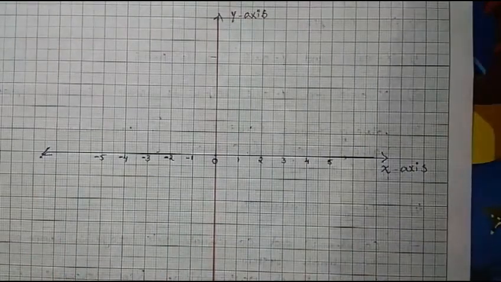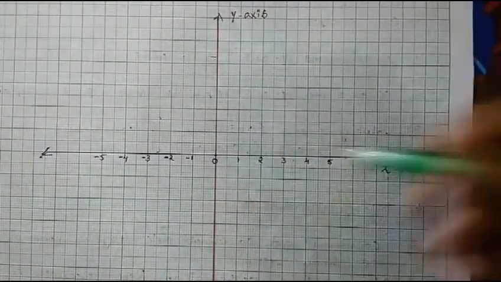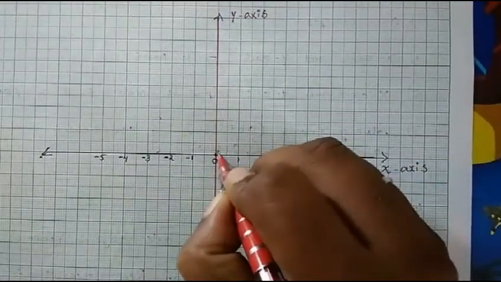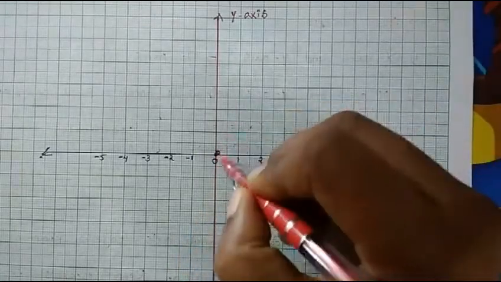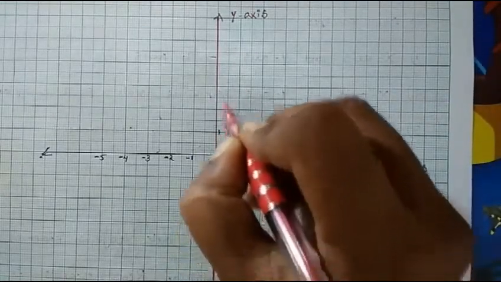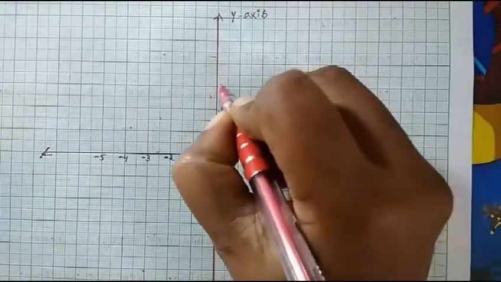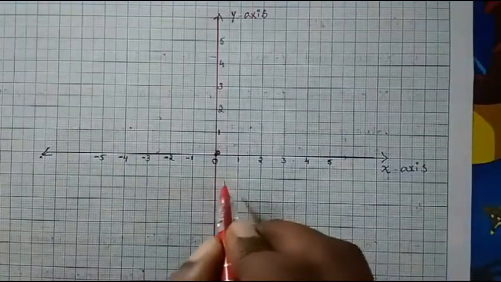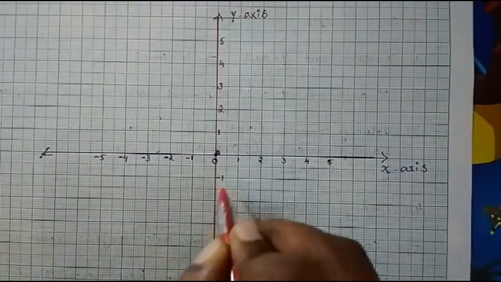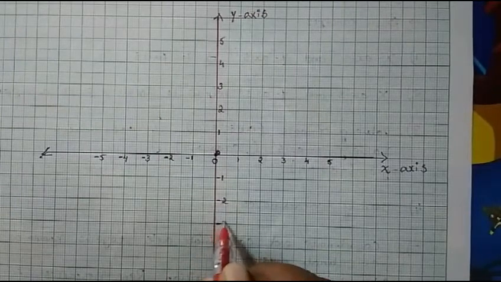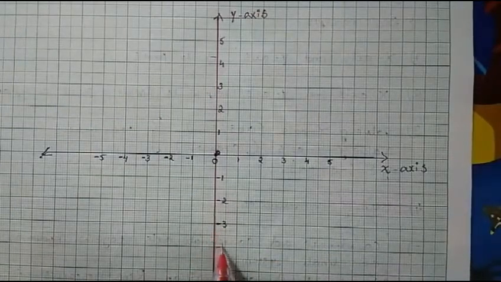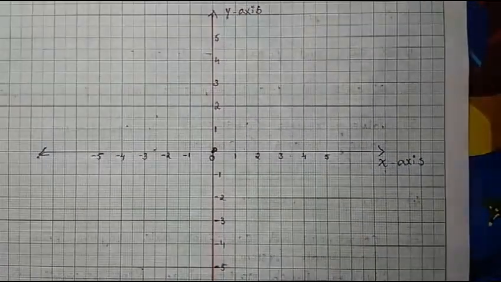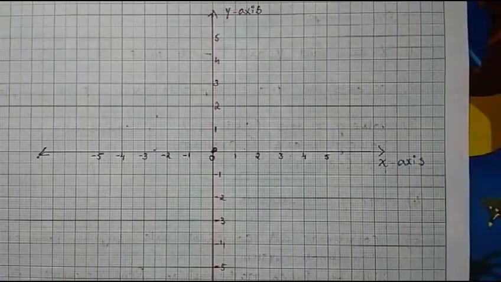The same way for y also, the center is 0, and then it starts with positive numbers towards the up direction, 2, 3, 4 and 5, and towards the down it will be negative, -1, -2, -3, -4, -5. So this is known as the x-axis and y-axis.